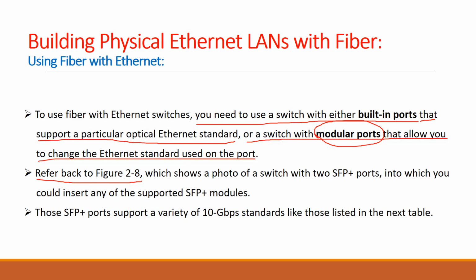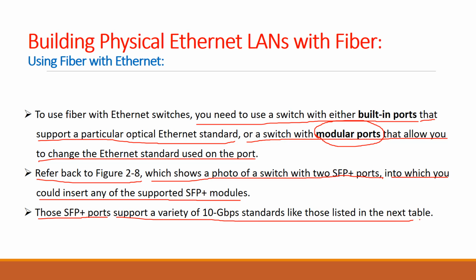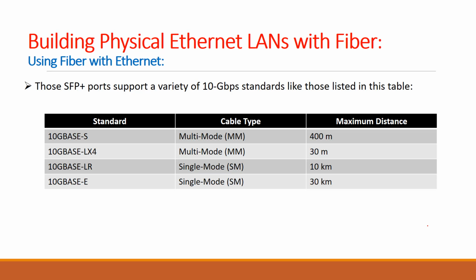Refer back to figure 2.8, which shows a photo of a switch with two SFP ports into which you could insert any of the supported SFP+ modules. Those SFP+ ports support a variety of 10 gigabit per second standards like those listed in the next table. For the standard 10GBASE-S, you use multi-mode cable and the maximum distance is 400 meters.